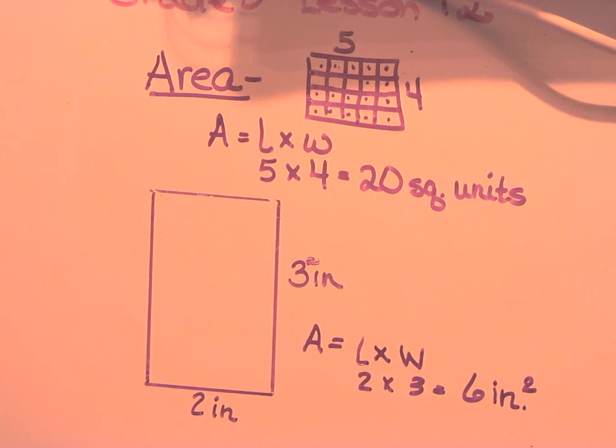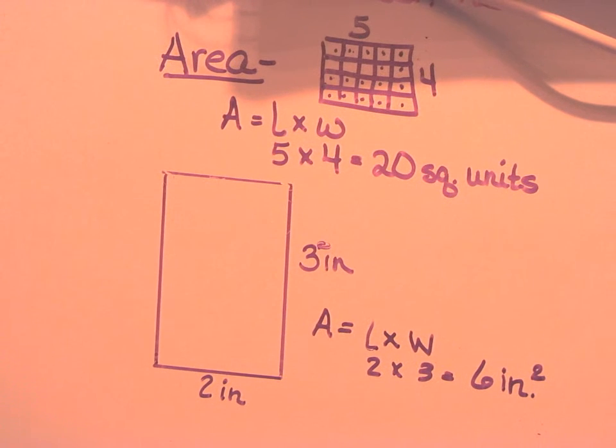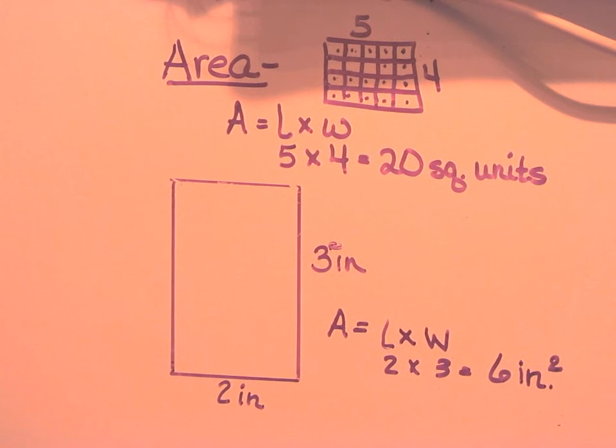Now if we look at perimeter, let's take that same object and we're looking for the perimeter. Alright, so the perimeter is the outside. So perimeter is going to be twice the length plus twice the width.